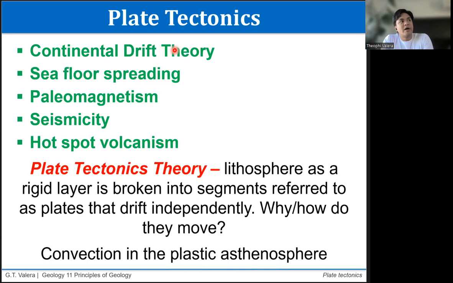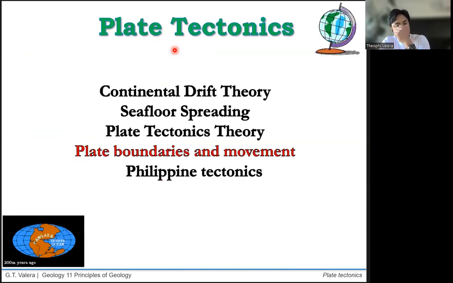So does this mean na after billions of years, pag na-transfer na lahat ng heat from the core towards the surface, wala ng plate tectonics? Yes, possible, but this will take a very long time.